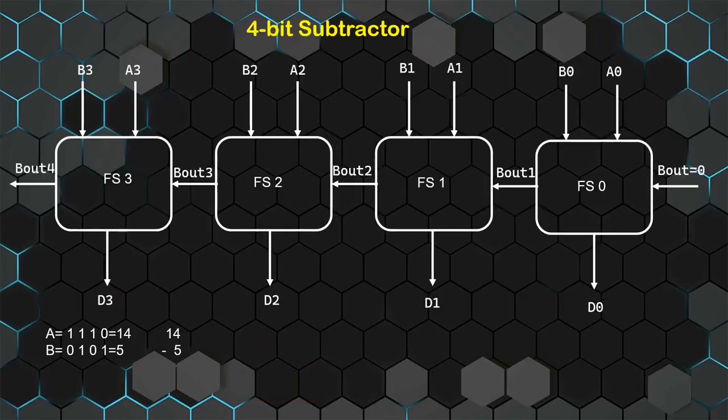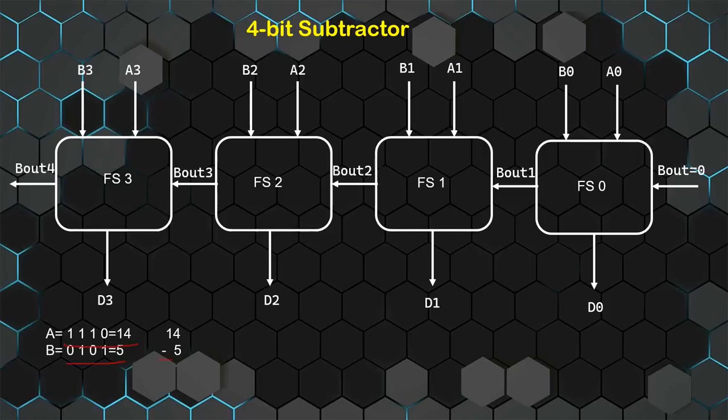Then 4-bit subtractor. Let me perform it for the same example, that is 14 minus 5. There we added, here we can subtract. Binary representation of 14 is 1110. Binary representation of 5 is 0101.